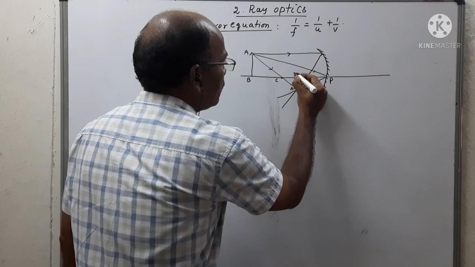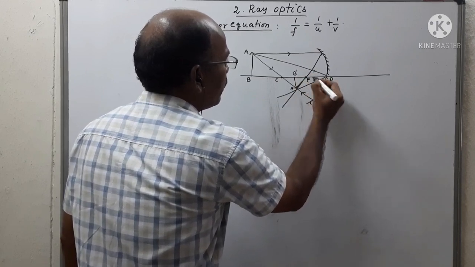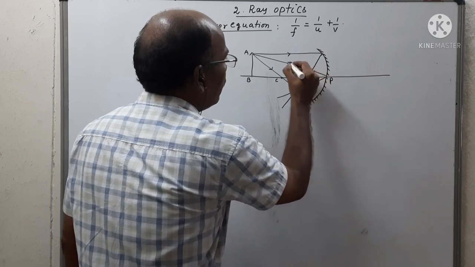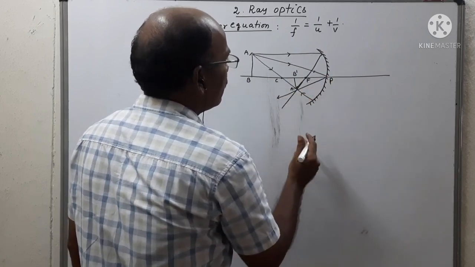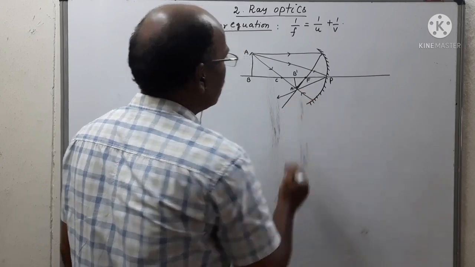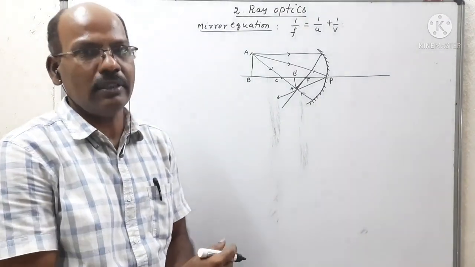So A dash, B dash. This is the focus. So this is the simple diagram used to derive the relation.